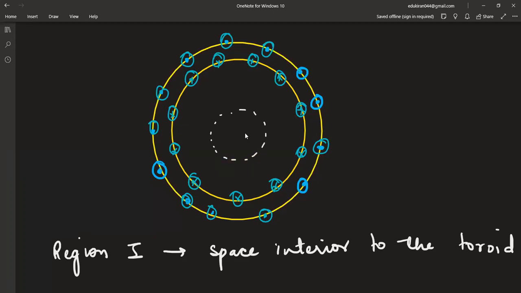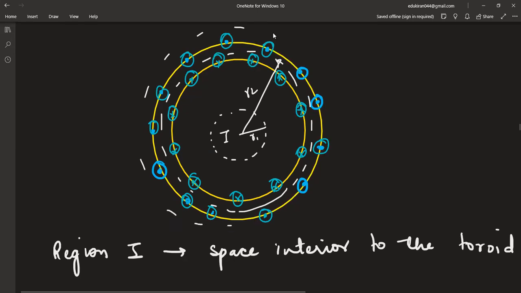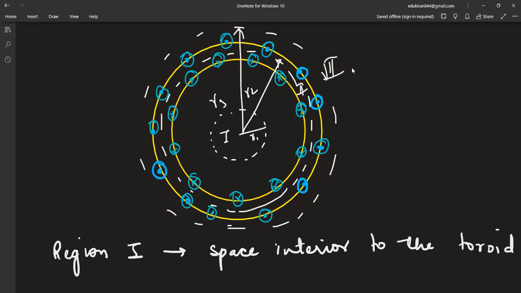The first Amperian loop is circular, because this is a circle. Second, I am taking it from within, so that the portion of magnetic field lines is included, with radius r2. Third, I am taking it outside, with radius r3.